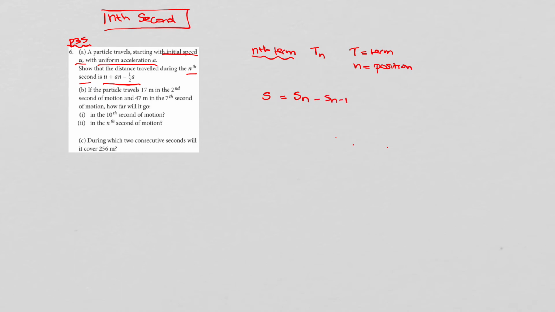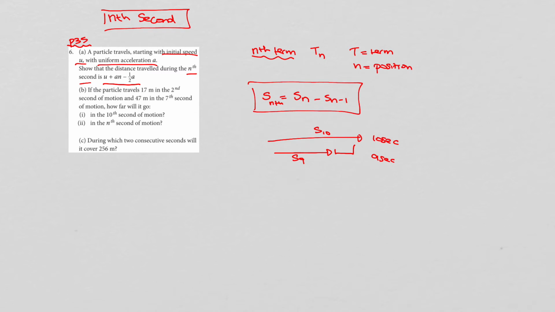Then if I get the difference between those, then during the 10th second, this would be the distance that would be travelled. So in other words, we get the difference between them, and that gives us the distance travelled during the nth second.